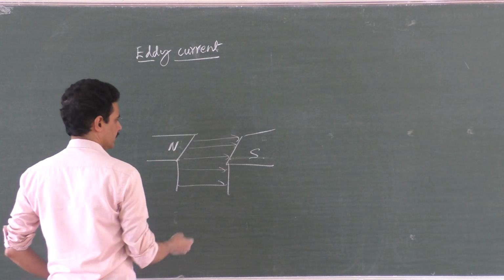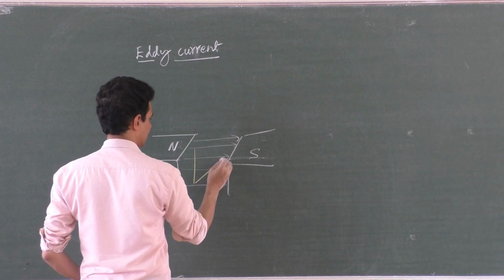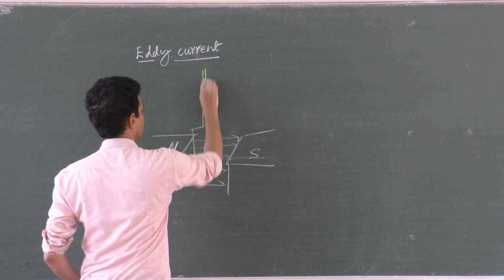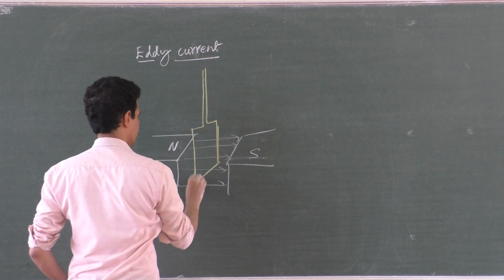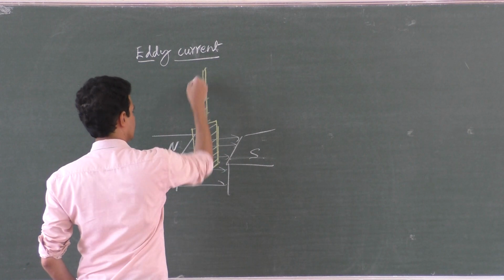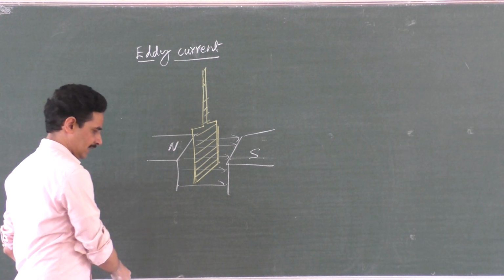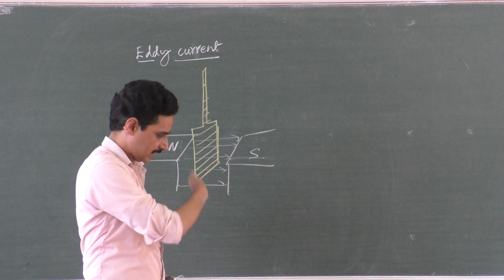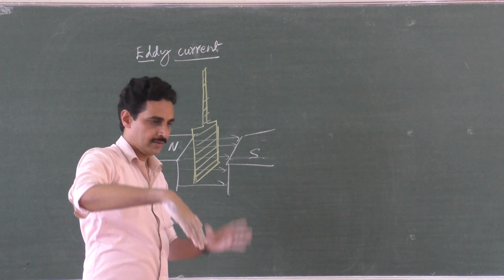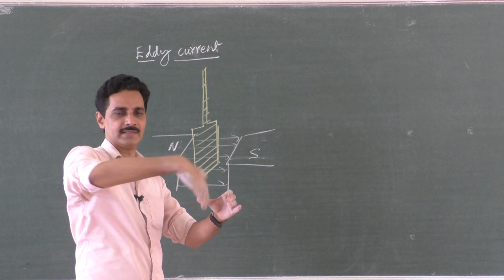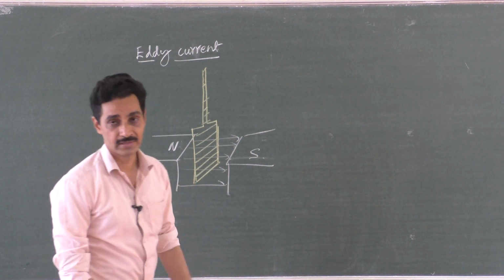Now, you take a metal plate like this and keep making it oscillate. If a metal plate is made to oscillate, it is made to go into the magnetic field, out of the magnetic field, into the magnetic field, out of the magnetic field, like this. What is the fate of this metal?